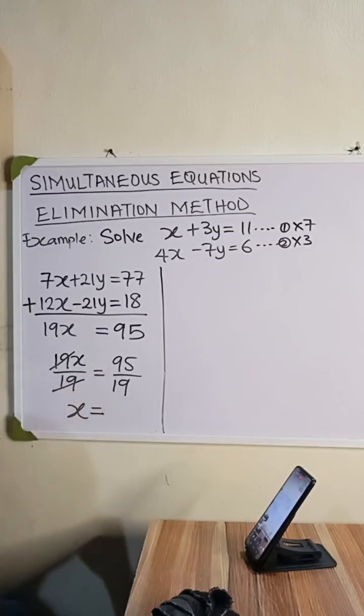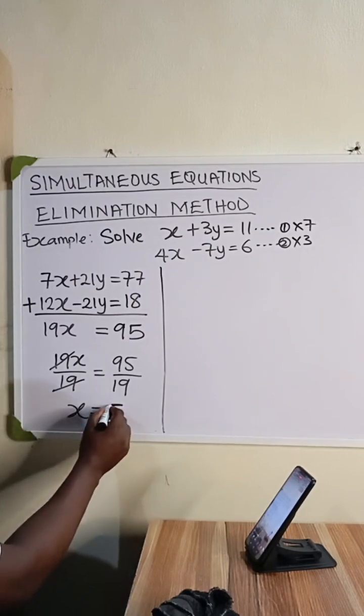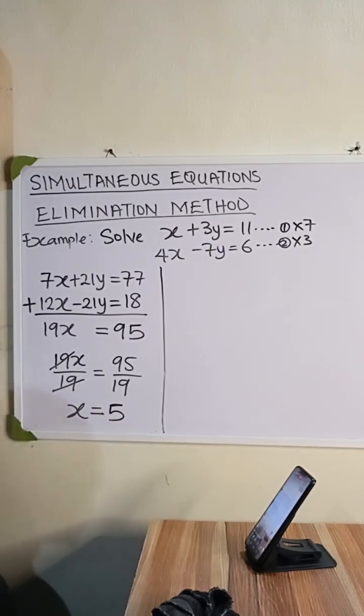So what is 95 divided by 19? Is it going to give us a whole number? 5, correct.